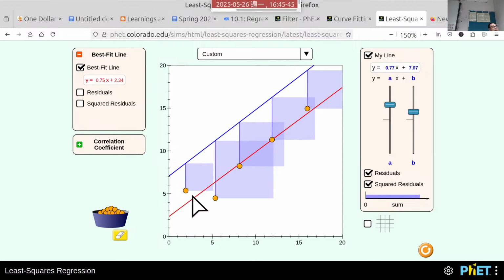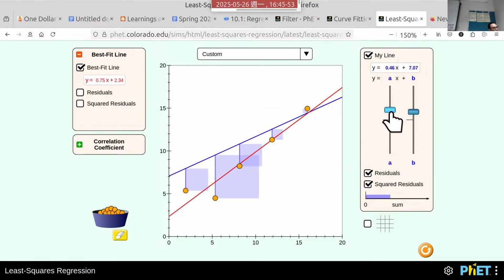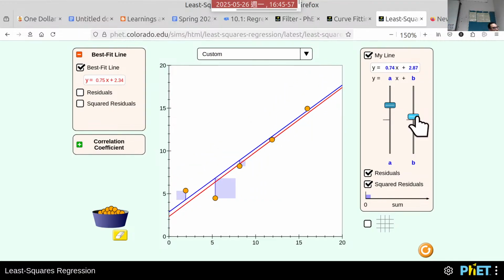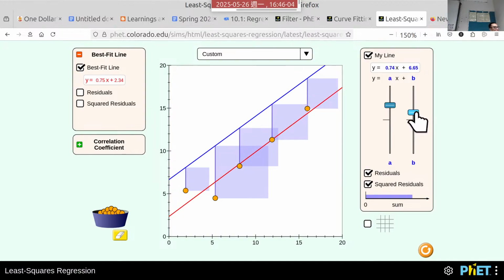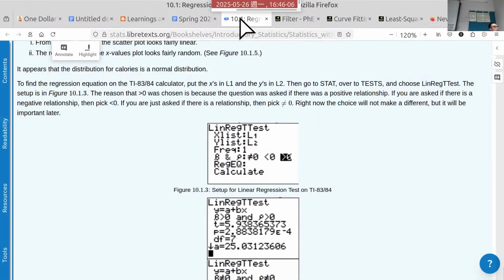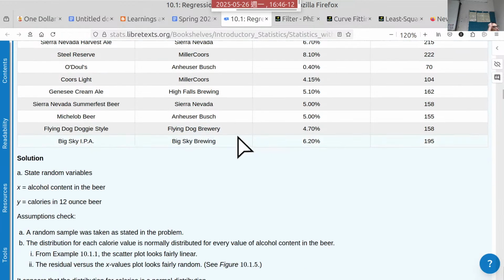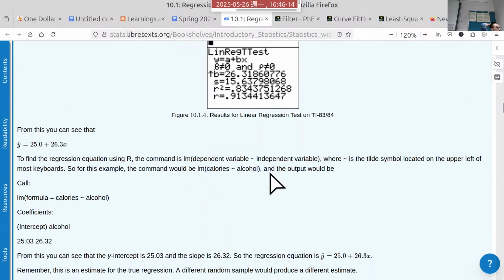And here is the small one. Try to find the square value as small as possible. So this method is called finding the equation of the regression line.